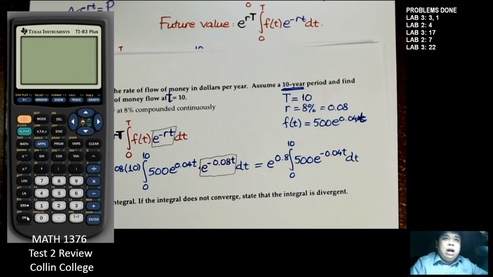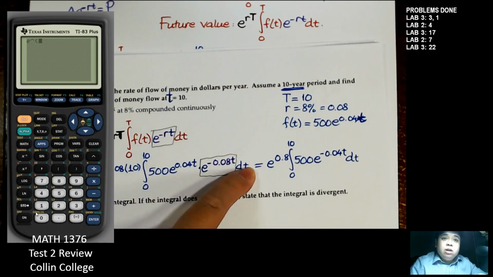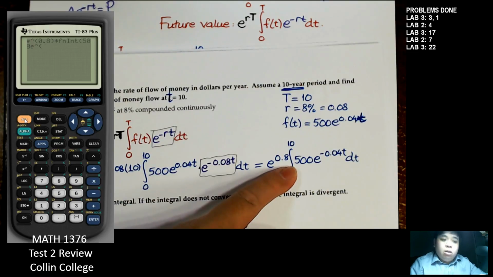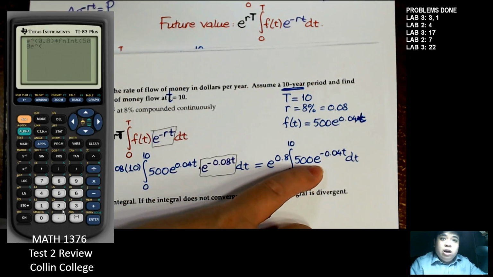Turn on the calculator: e to the 0.8 times the integral of 500 e to the negative 0.04t.